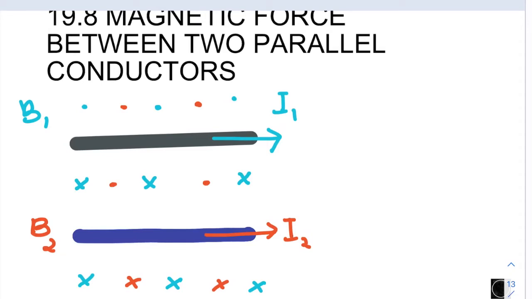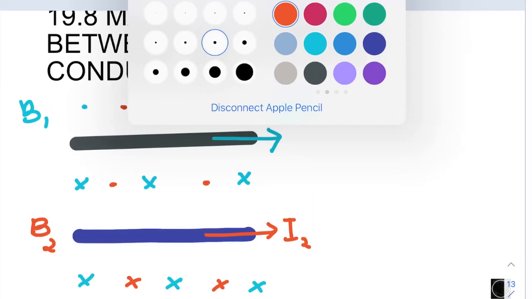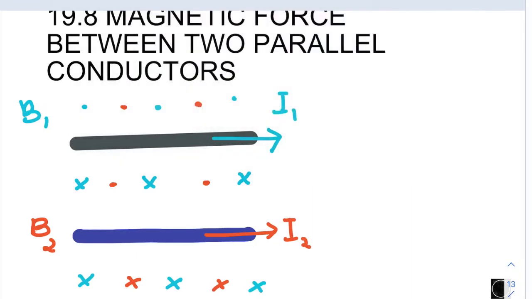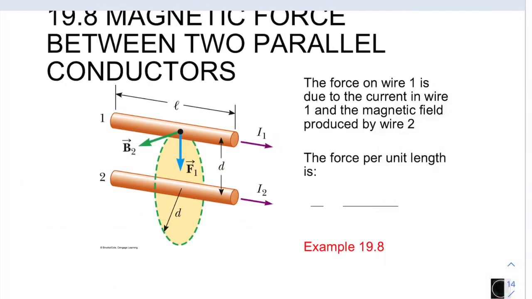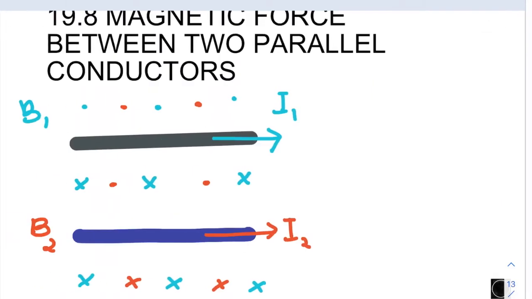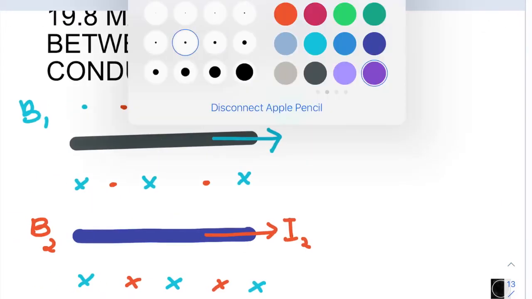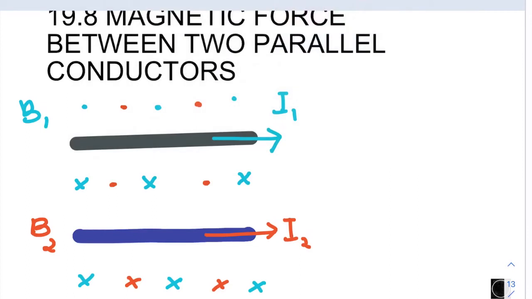Now to consider the direction of the force experienced by each of the wires here. The general equation is F equals BIL sin theta.